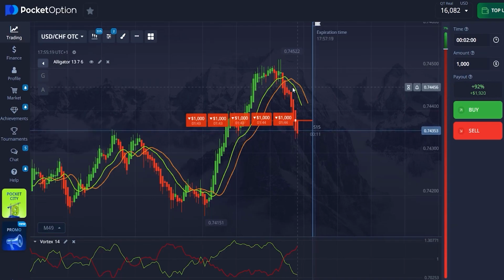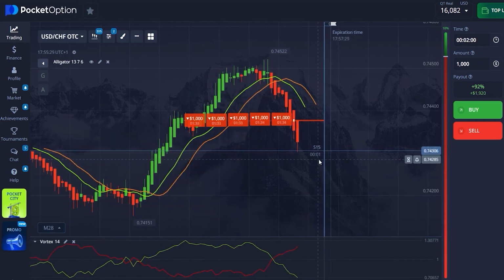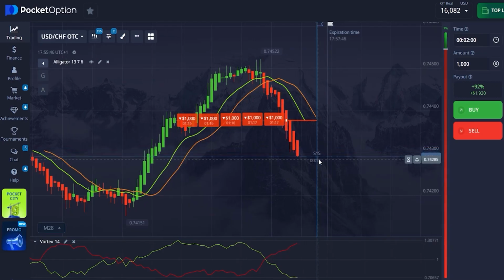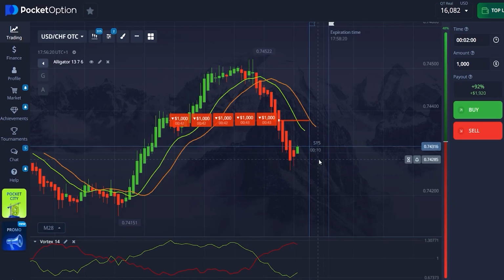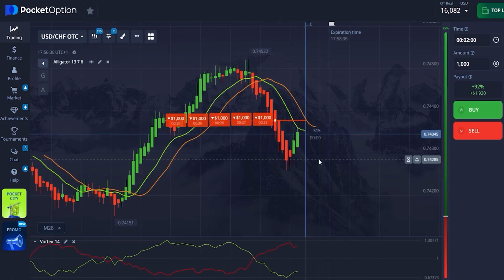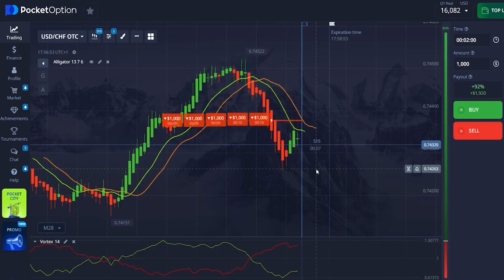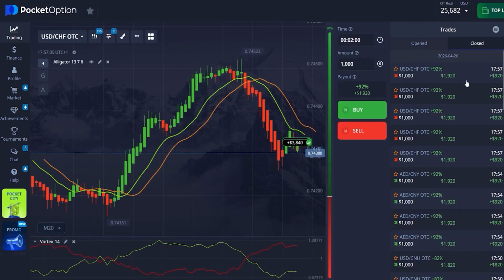So I also see the intersection of my two alligator lines confirming a downward move alongside with my Vortex indicator. Alright, at this point I make another win.